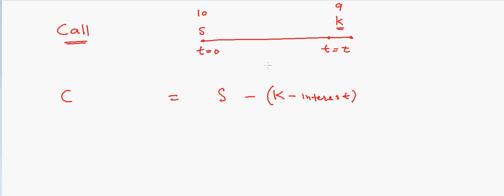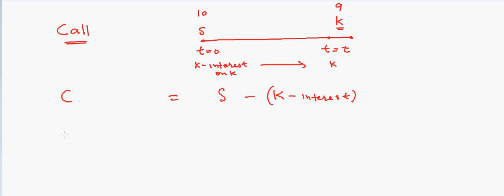Because if we pay K minus the interest on K, then that will become K later, right? So that is K minus interest. Now, this is how the call should look.